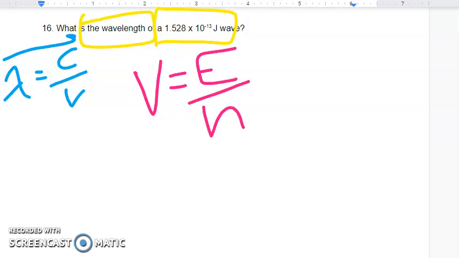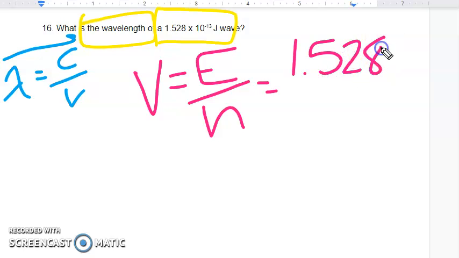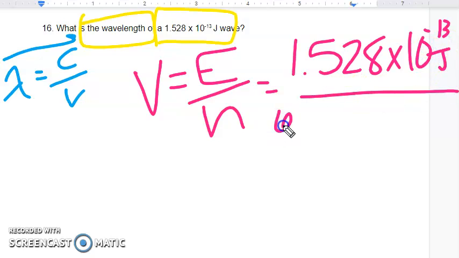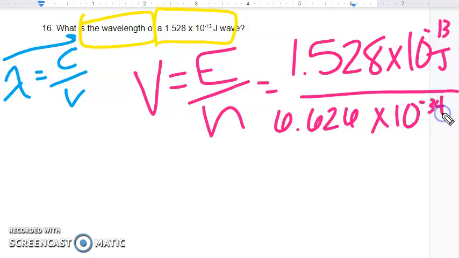Totally, we're given E. So when we plug this into the equation, it's going to be 1.528 times 10 to the negative 13 joules over my Planck's constant, 6.626 times 10 to the negative 34, and that's joules times seconds.